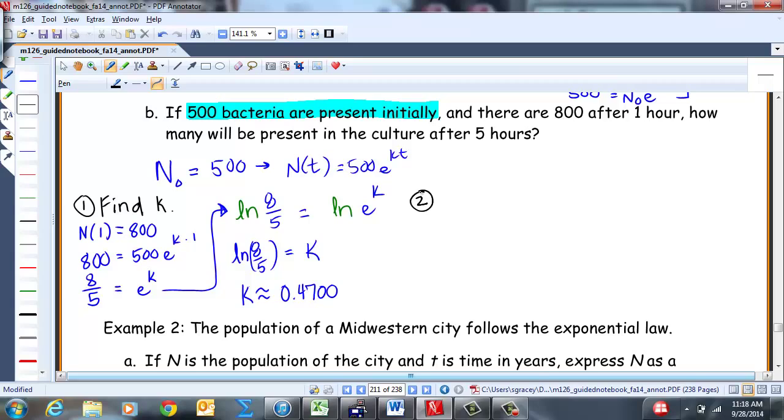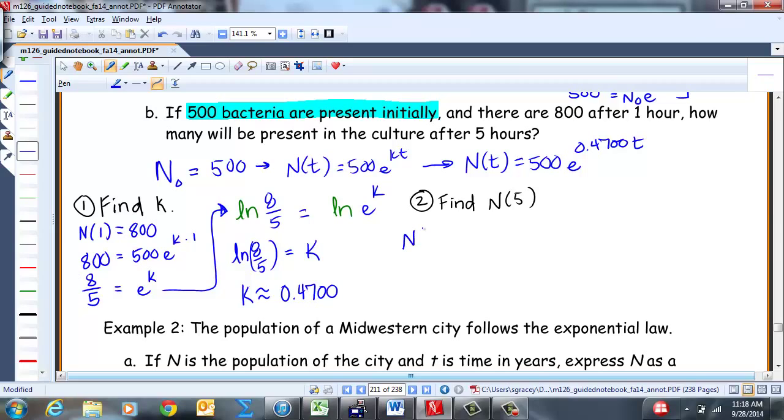So now we need to find n at 5. So now we have a new equation. We've been building on this. We now have an equation with k. So n at t is 500 times e to the 0.4700 times t.